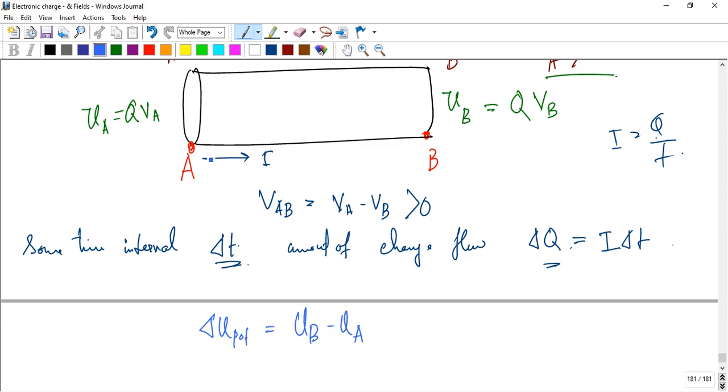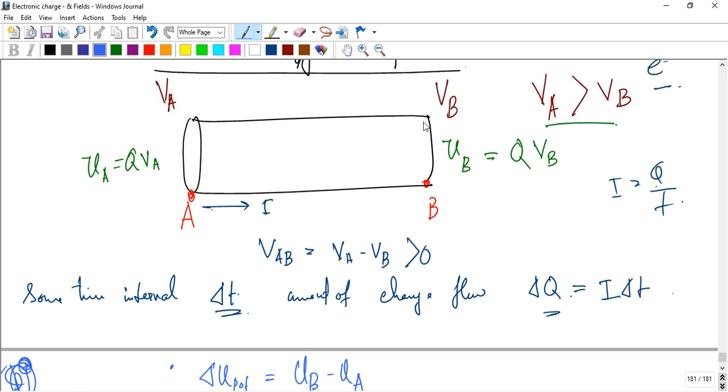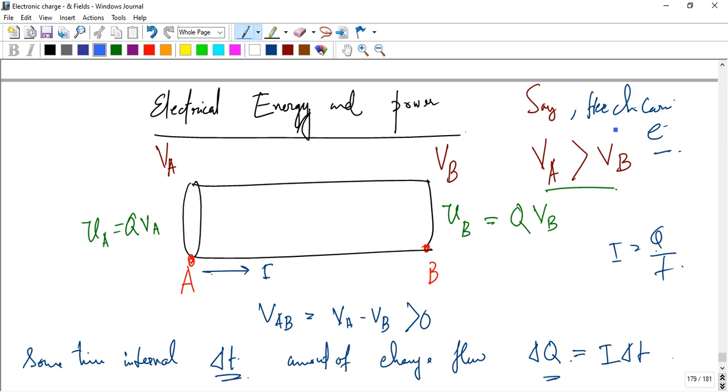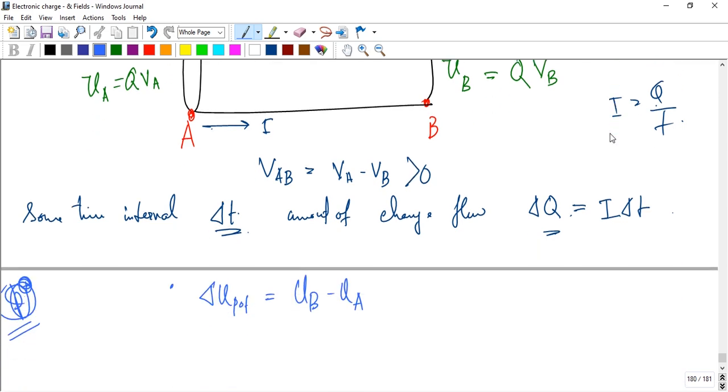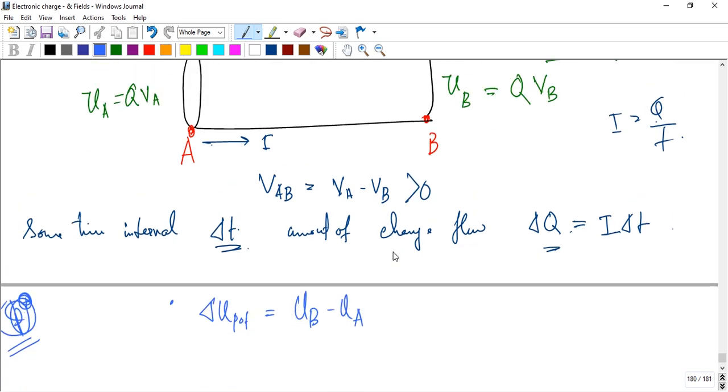So if I choose that the current or proton moves from A to B, here we choose the proton moving from A to B. Here the electron moves from B to A. But now if the free charge carrier proton is moved from A to B, from the potential concept, it is the final potential minus the initial potential.